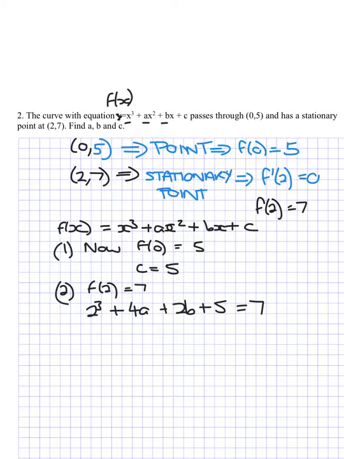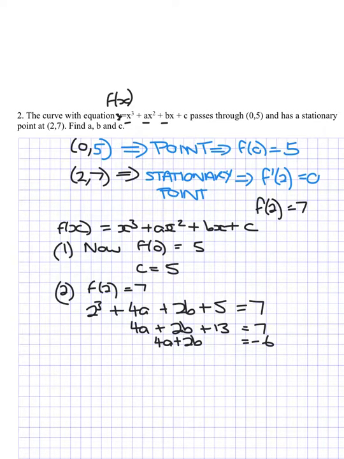Now if we simplify and collect like terms, 2 cubed is 8, so that gives 4a plus 2b plus 13 equals 7, or 4a plus 2b equals negative 6. Cool, we've got an equation. So we've used f of 0 equals 5 and f of 2 equals 7.